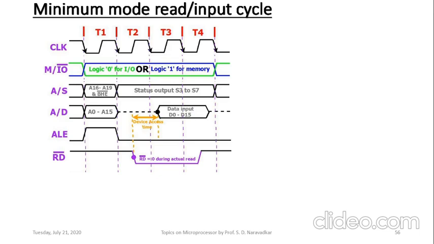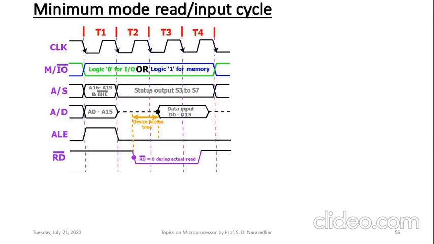Because during T2, T3 and T4, that multiplex address data bus works as the data bus, and read operation is to be performed through the data bus. But this read bar signal you will find is not activated exactly on the start of that T2 state here, it is slightly delayed. Because in case of actual timing diagram, that delay is inserted by the processor internally.